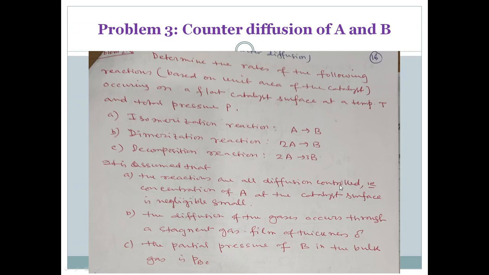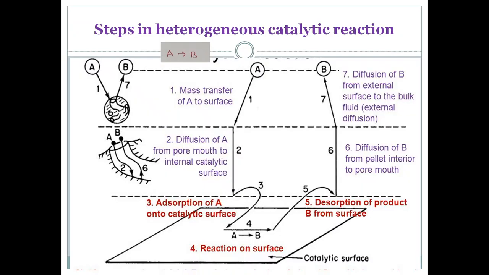Diffusion control means whichever step is the slow step will be the control. If you see the overall rate of the reaction, 7 steps are there. Let's take this as the very slow step. Although all other steps are fast, if this is the slow step, the overall rate will be the slow step.